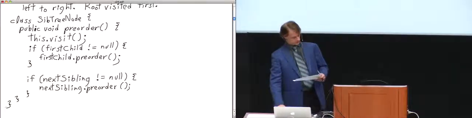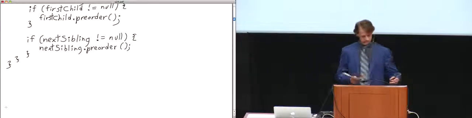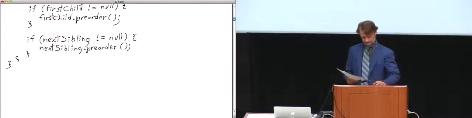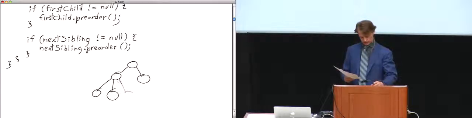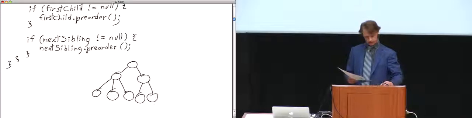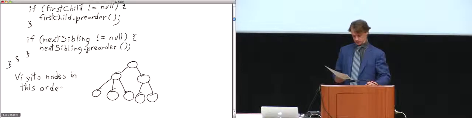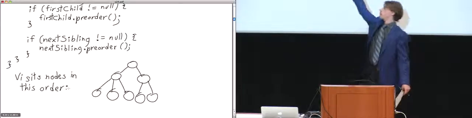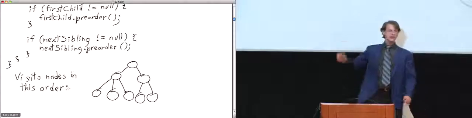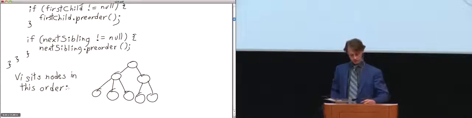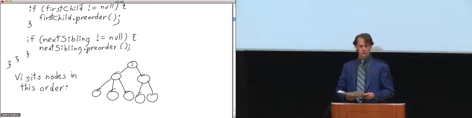And if you do it right, then for a tree like this, it will visit the nodes in this order. So we call pre-order on the root node, and pre-order always visits this node first. So the root node is always the first node visited in pre-order.